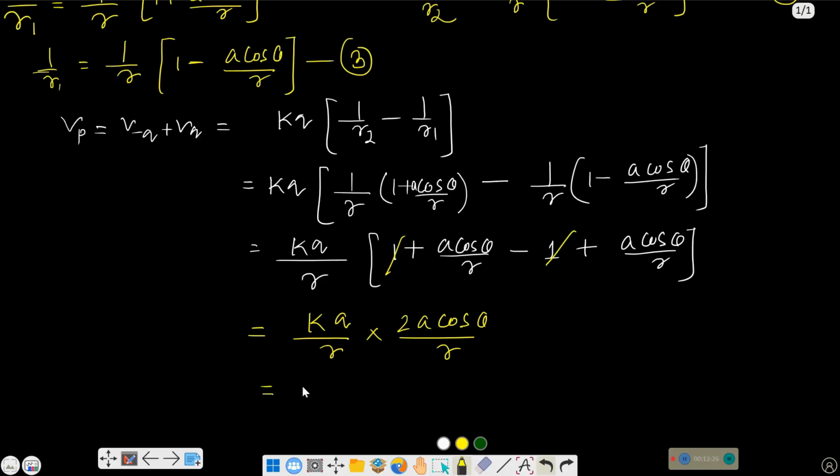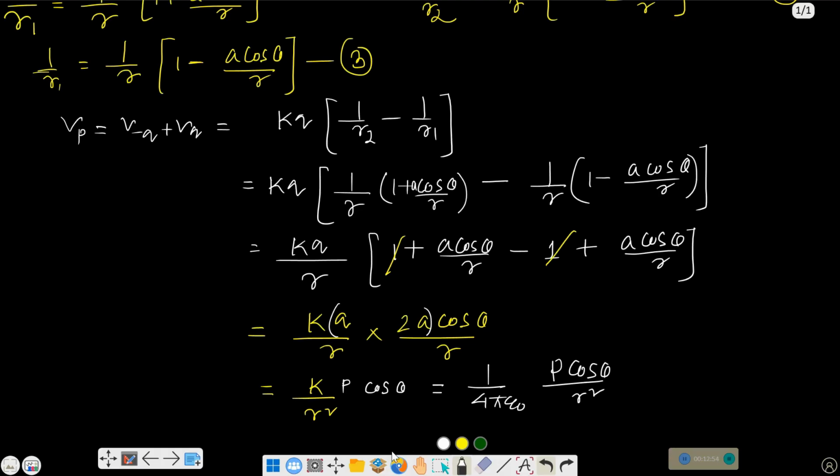Now k by r square is q into twice a. You see this q into twice a, this is your dipole moment p, so you can write it as p cos theta by r square. So this will give us k, meaning 1 by 4 pi epsilon naught, so p cos theta by r square.